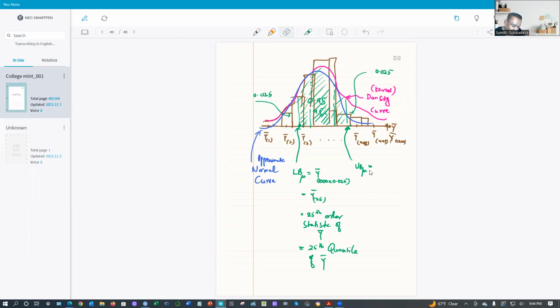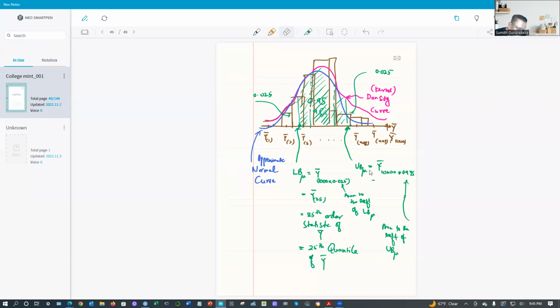In a similar fashion, I have 1000 Y bars. I'm going to take the area to the left, which is 0.95 plus 0.025. This one is nothing but the area to the left of the upper bound of mu, and it is 0.975.